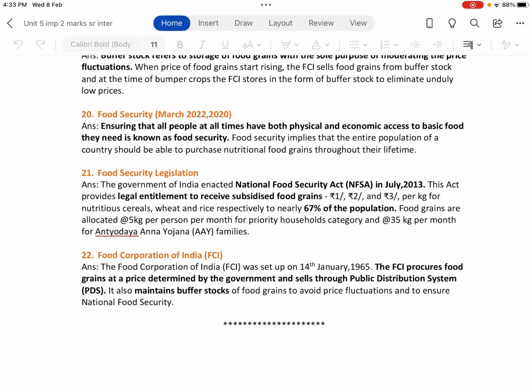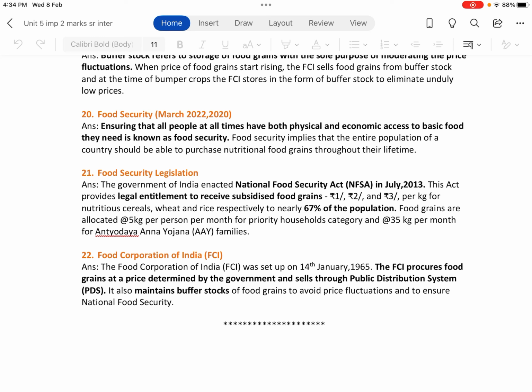Approximately around 75% in the rural area and around 50% in the urban area. So on the whole, 67% of the poorer sections of the population can purchase food grains at these subsidized prices based on this National Food Security Act, which was passed in July 2013. That is what is known as food security legislation.